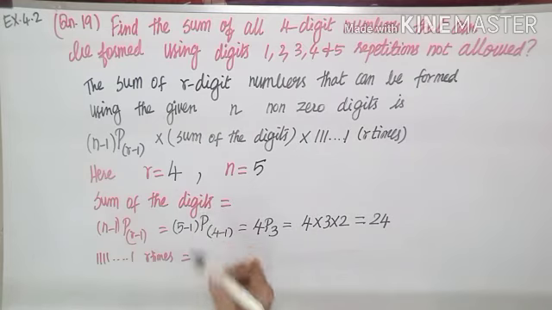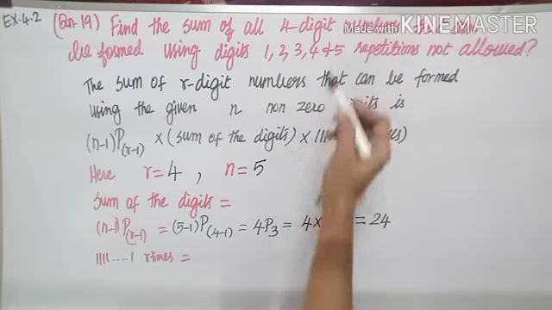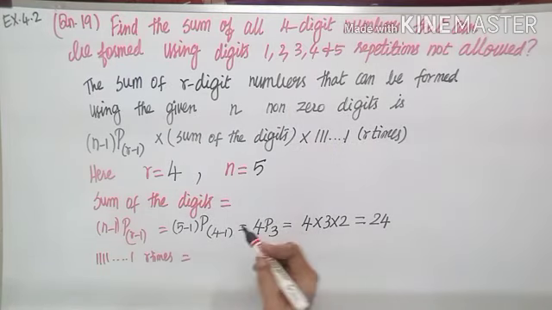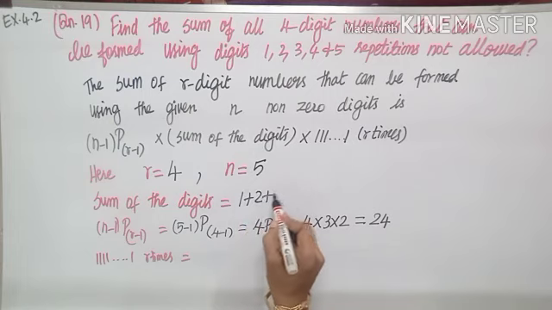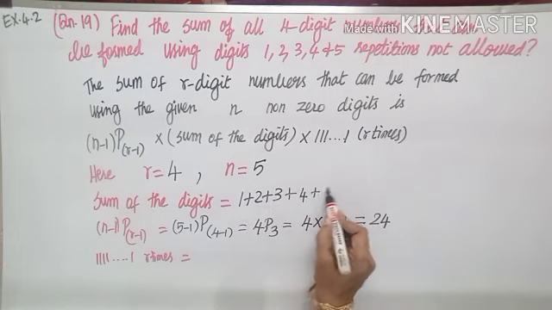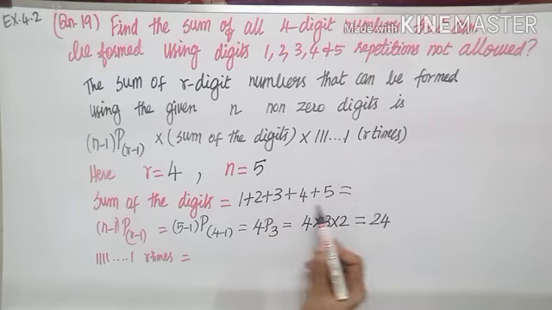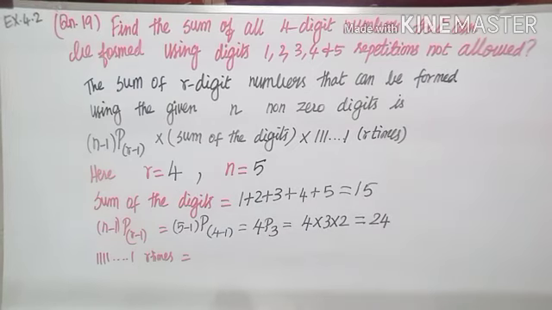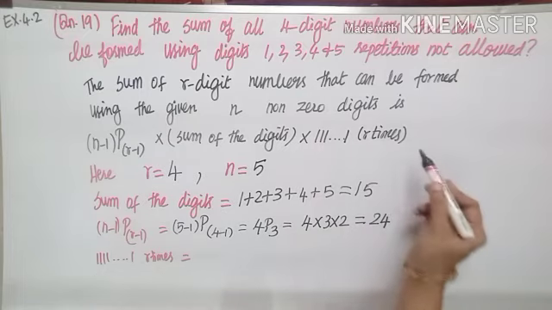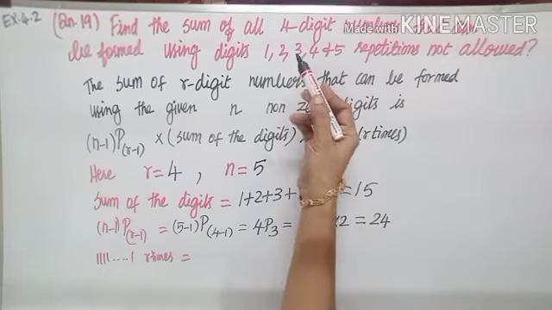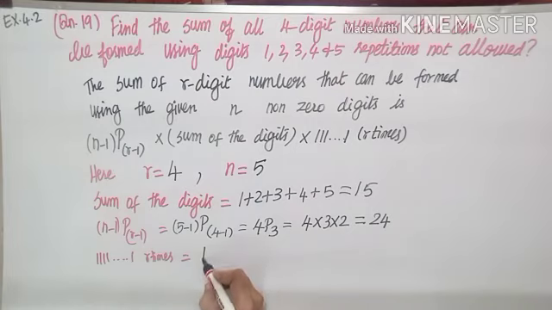Sum of the digits. These are the digits given. Sum means total it all. 1 plus 2 plus 3 plus 4 plus 5. What is the total? 15. I want to write ones r times. Here r is 4, implies I should write 4 ones.